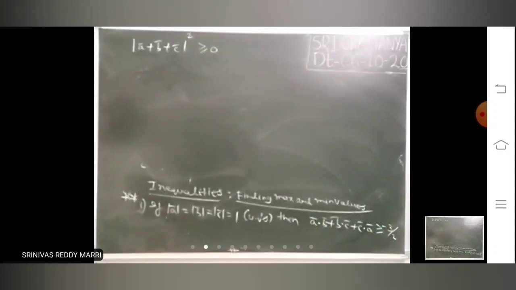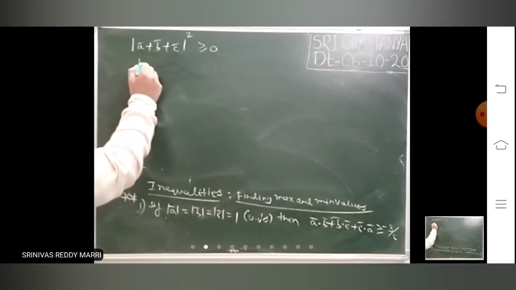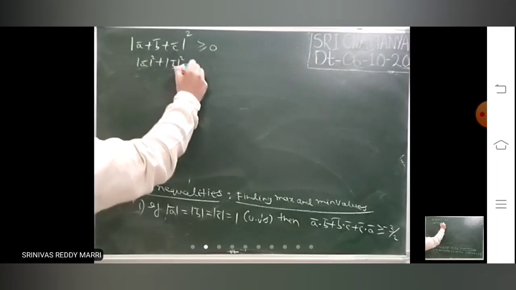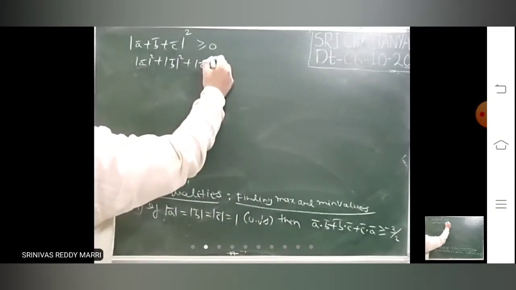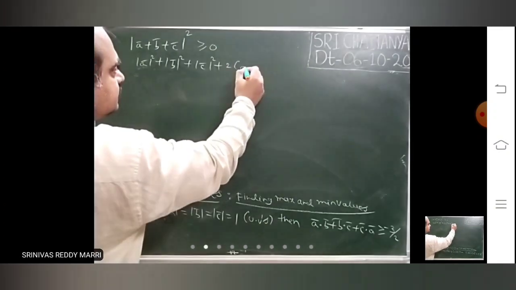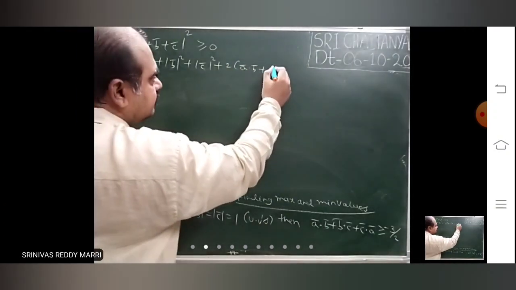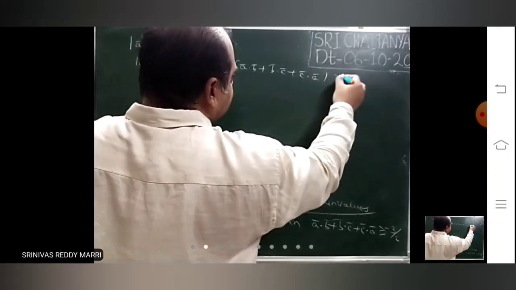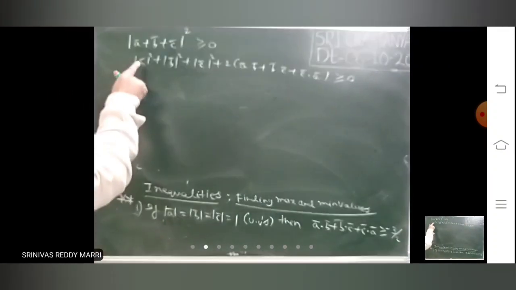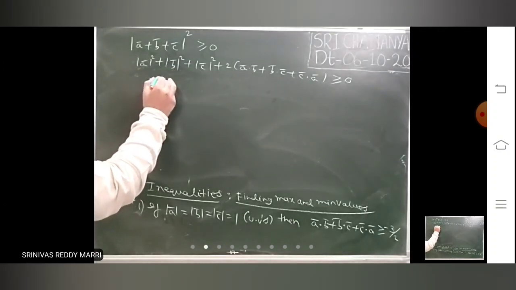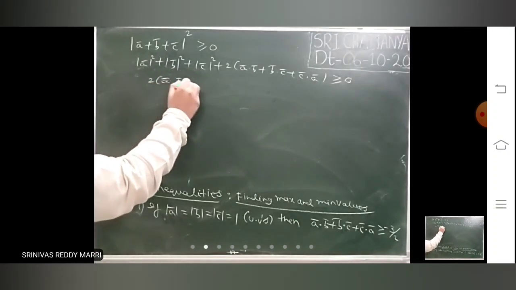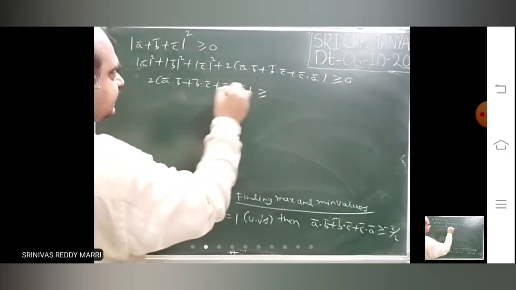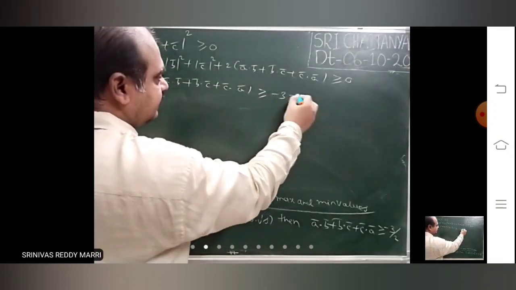So what is this, modulus of A bar plus B bar plus C bar whole square? By formula, modulus A bar square plus modulus B bar square plus modulus C bar square plus 2 into A dot B plus B dot C plus C dot A is greater than or equal to 0. So this is 1, this is 1, this is 1. That means greater than or equal to, this is 3. Bring that side.